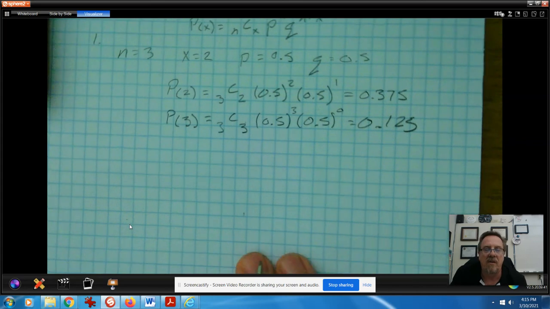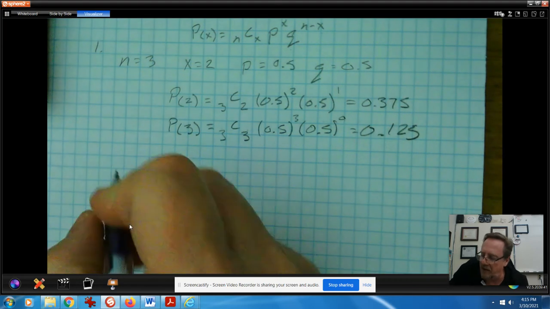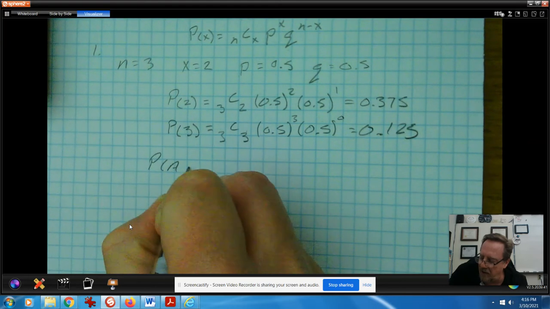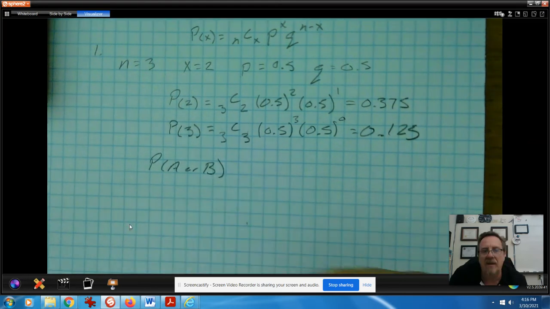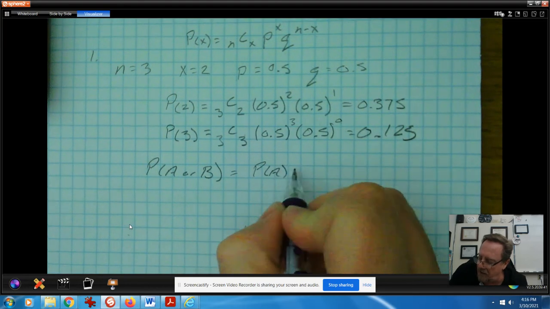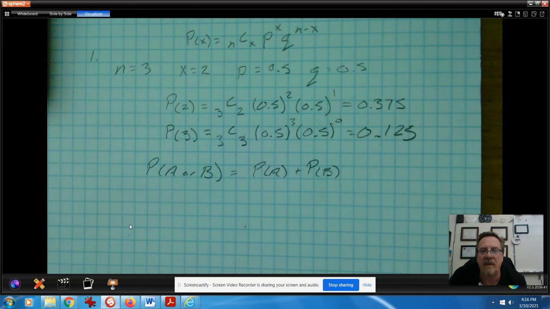Okay? Now, how do we deal with this? Well, remember that the probability of A or B is equal to the probability of A plus the probability of B, minus the probability that they're both, but you know what?